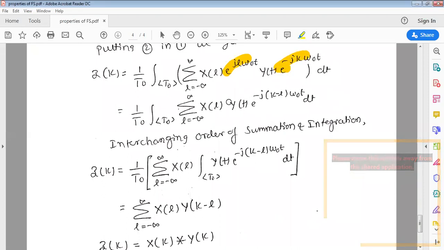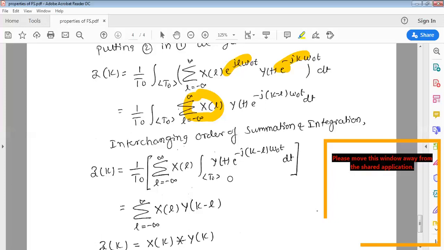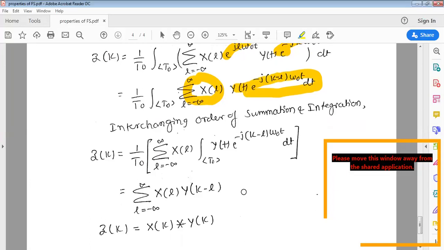Now I will interchange the order of summation and integration. I made this term separate: 1 by T naught, summation x of L, integral for a period of T naught, y of t into e power minus j k minus L into omega naught t.